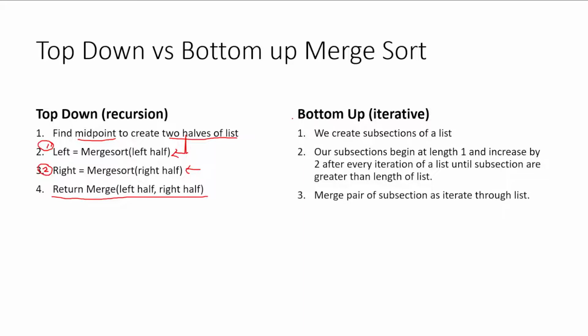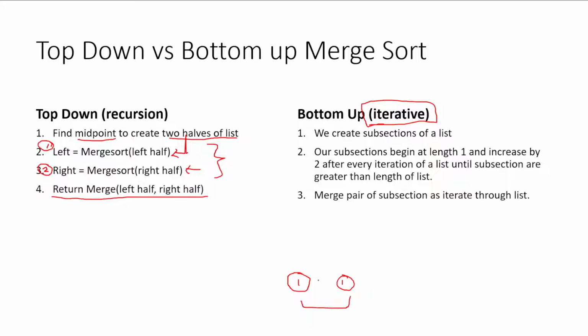If we think about the bottom-up approach then, through this iterative pattern, we want to think about this splitting of subsections. So we create subsections of a list, and these subsections will actually begin at that base case of length 1.